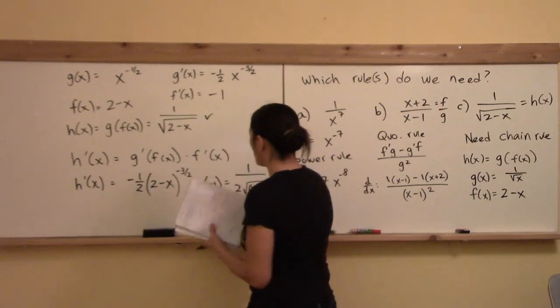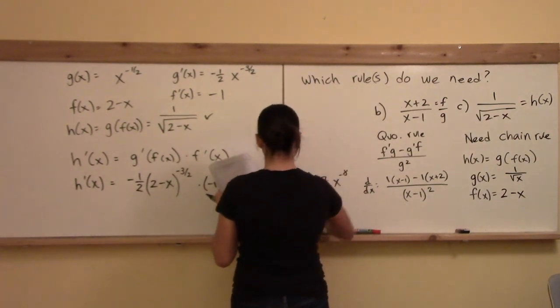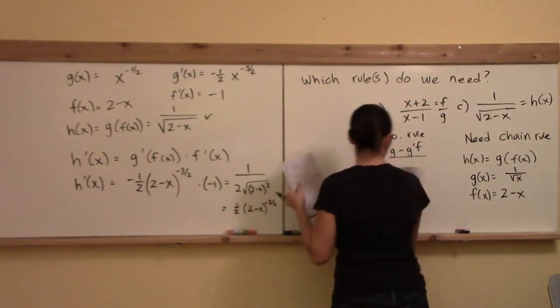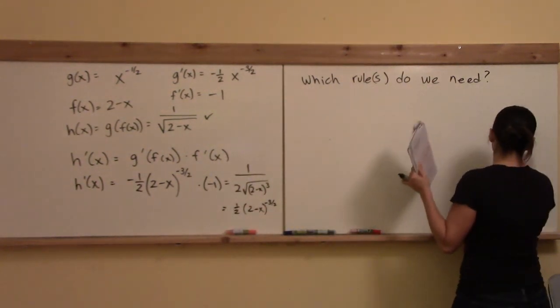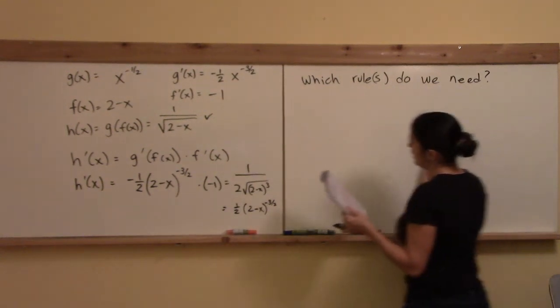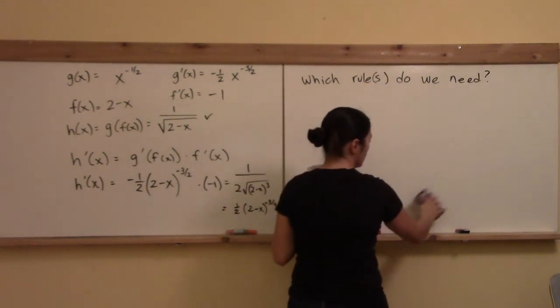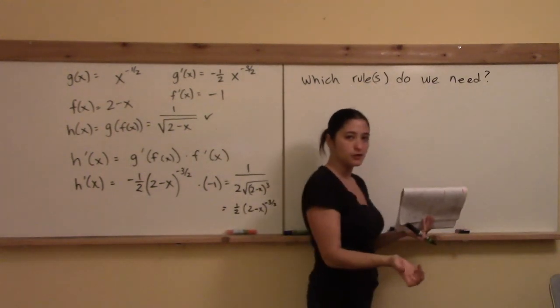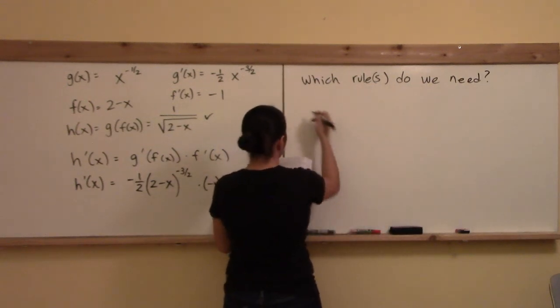Let me just throw a few more at you and see once again which rules we need, and then we'll take the derivative of each. Now sometimes you're not going to have the letter x, maybe you're going to have another letter. When we work with supply and demand functions, sometimes we have the letters p and q. So let's say that we have q as a function of p here.